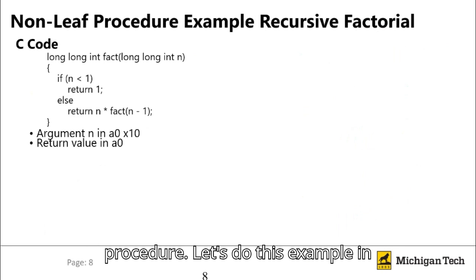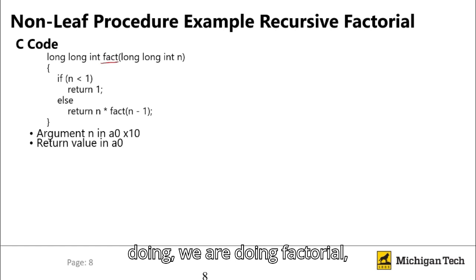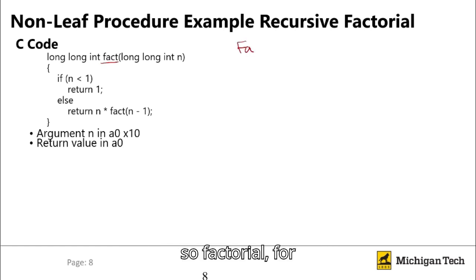Let's do this example in C, a recursive code. This is a non-leaf procedure, recursive code. What we are doing is factorial. So factorial of 2, for example, is equal to 2 multiplied by 1 multiplied by 1.